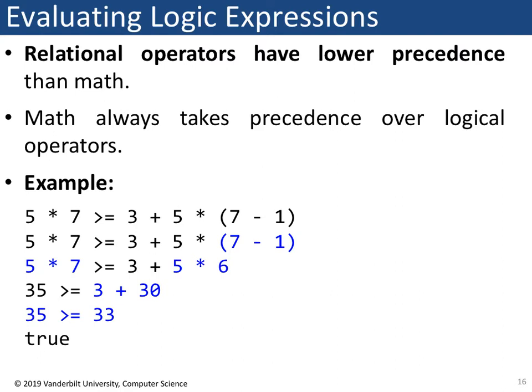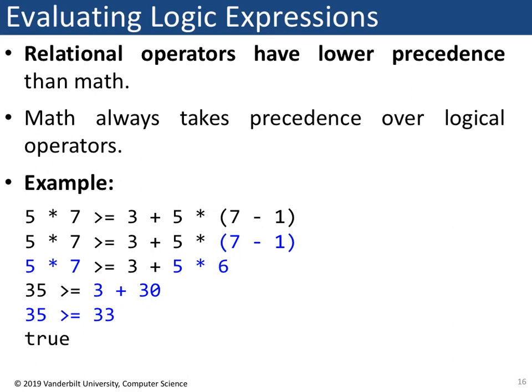So in this particular situation, we would evaluate first the parenthesized portion, because parentheses always take precedence. So this would result in 6. Then we have multiplication operators, which would be of equal precedence, but we work left to right. So 35, and then 30.